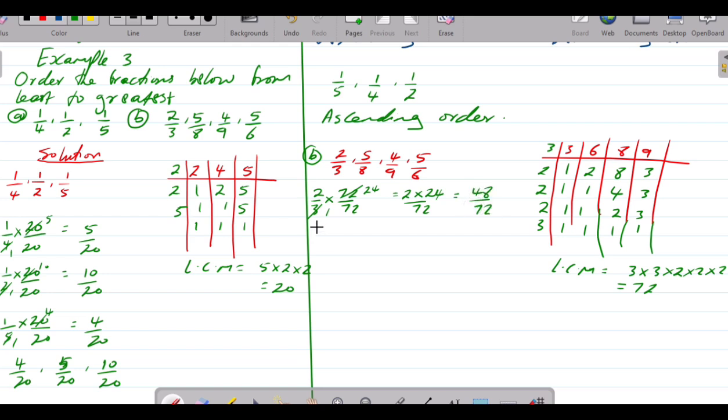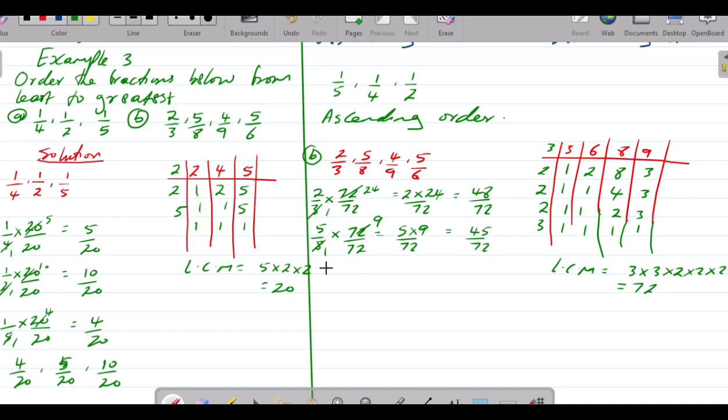The next fraction is 5 over 8 multiplied by 72, which is the LCM. 8 here is 1. 8 in 72 will give us 9. So we have 5 times 9 over 72. And 5 times 9 will give us 45 over 72.